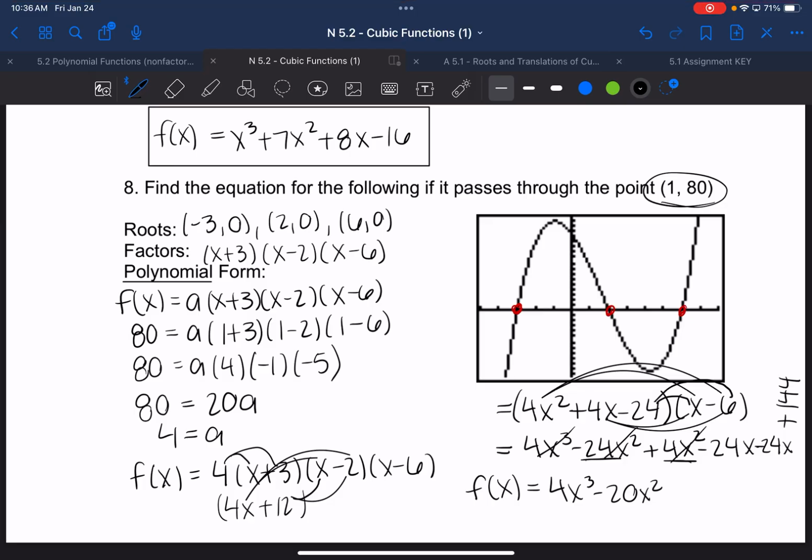All right, and then we've got a negative 24x and another negative 24x. So negative 24 and negative 24 would be negative 48x. And then finally we have that 144.